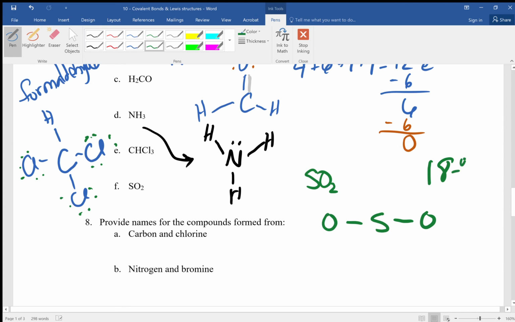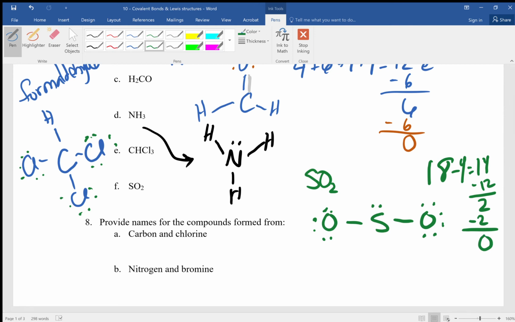That uses 4 electrons and leaves us with 14. And if we put 3 lone pairs on each oxygen, now we've got 2 electrons left. And we'll put those on sulfur. And so we've used all of our electrons.